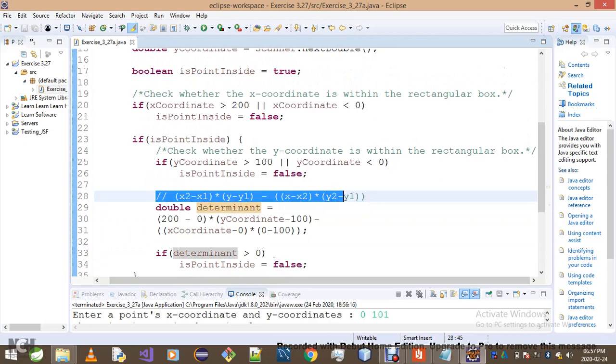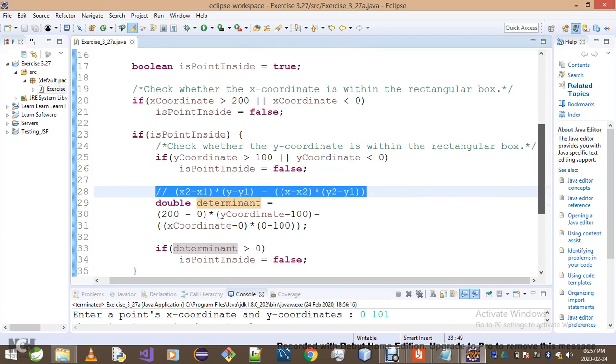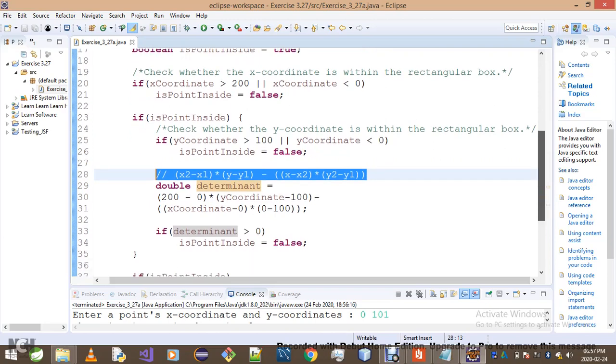The question is, why didn't we just use this in the first place? If you think you know the answer, please let me know down in the comments. I would really love to hear your opinion, because we could have simply used this formula over here and gotten it over with.